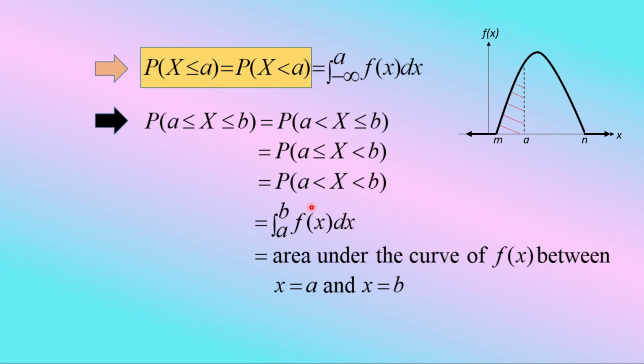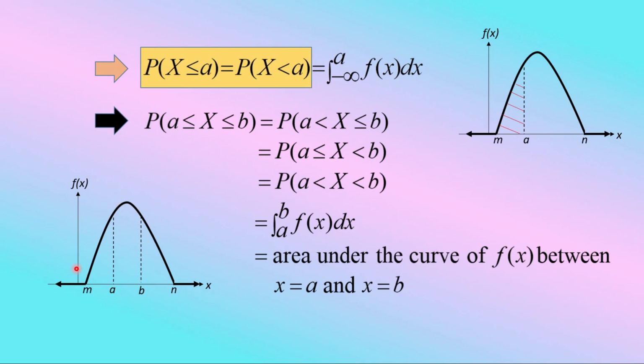It is obtained from the integration from a to b of f(x), and the probability actually equals the area under the curve of f(x) between x equals a and x equals b.